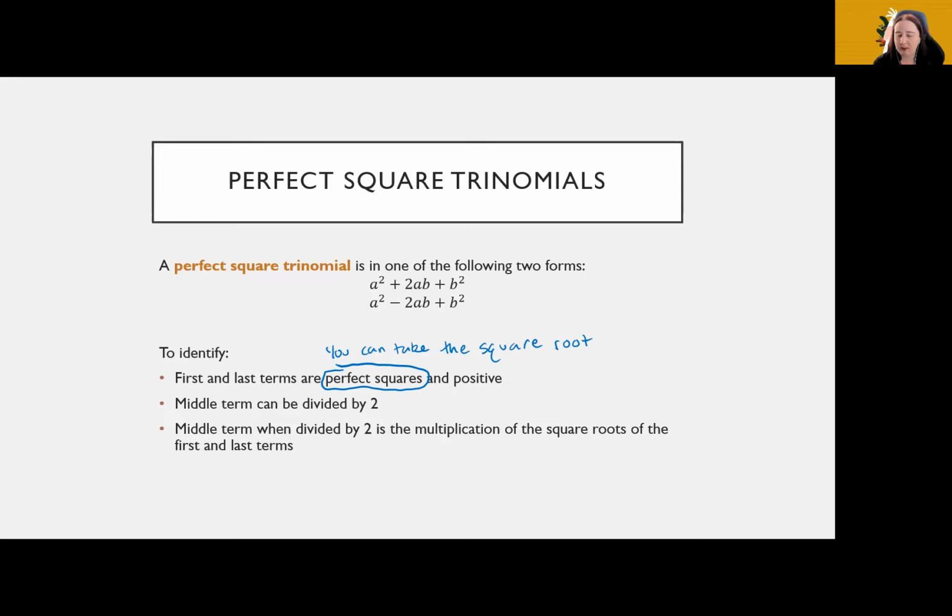So you have to go through this process to recognize whether it fits into a perfect square trinomial. And then once you recognize that it is, there's a formula that we can use to actually factor it. We use the results of what we did by determining if it's a perfect square trinomial. We use that to factor. So it's not like you're just doing this work and then you don't need it. It's actually going to be helpful.